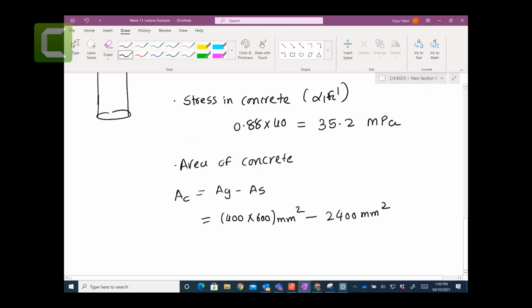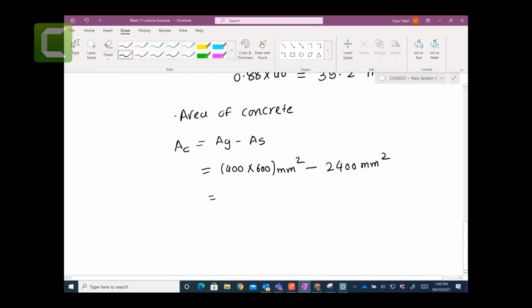Let me type it up. Take away 2400, so you have a concrete area of 237,600 millimeter square. Let me try again. Take away 2400. Yep, that is correct.